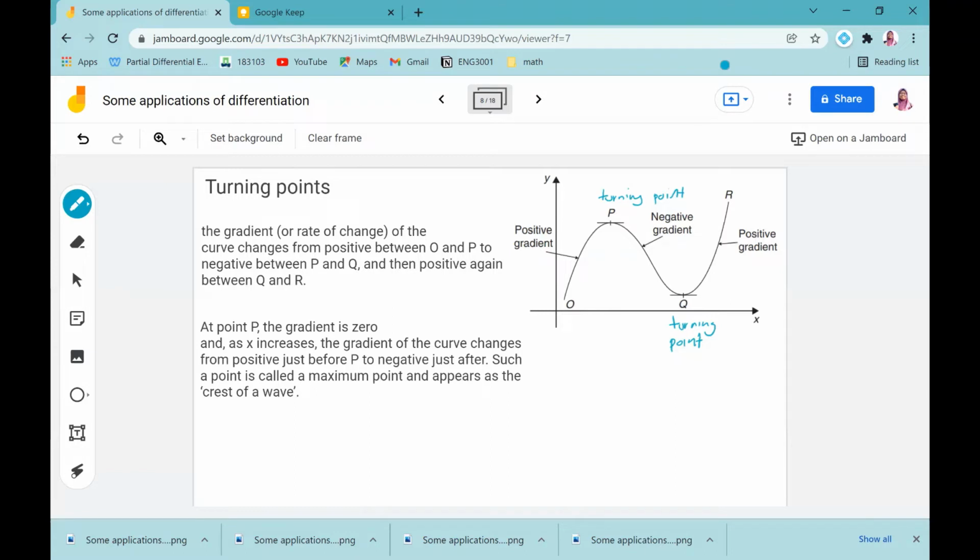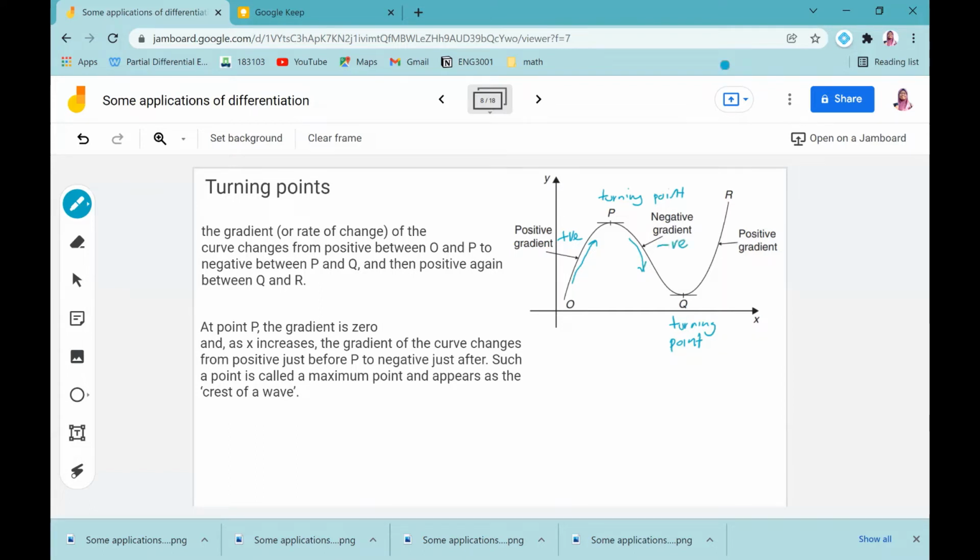The gradient before the turning point P is going upwards, so it is a positive gradient. After passing the turning point it is going downwards, so it is a negative gradient.